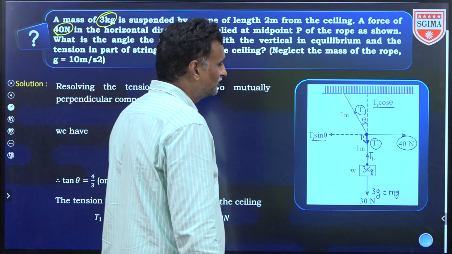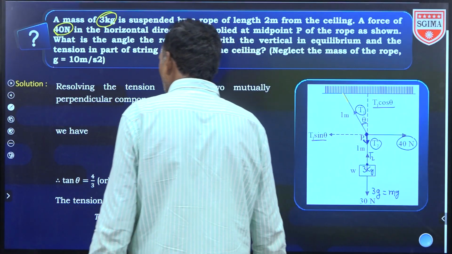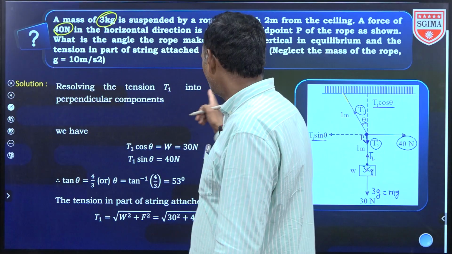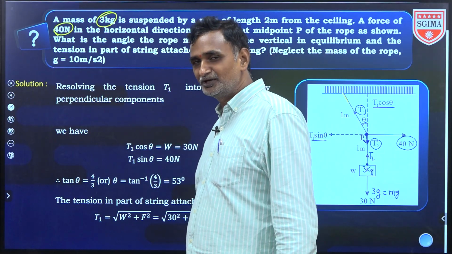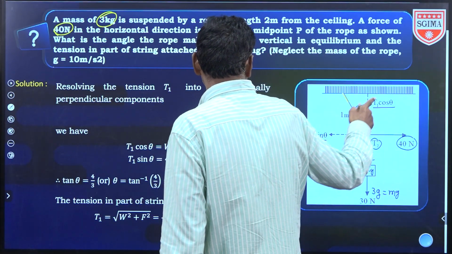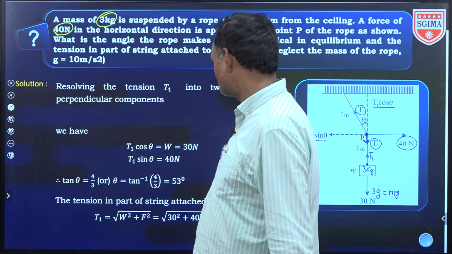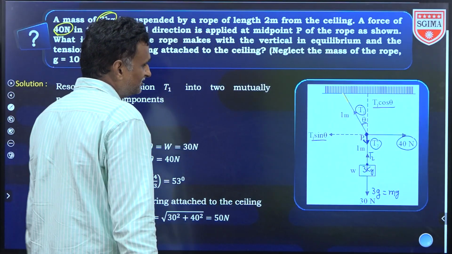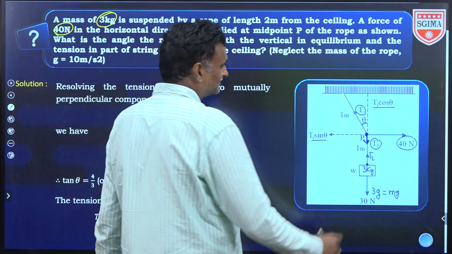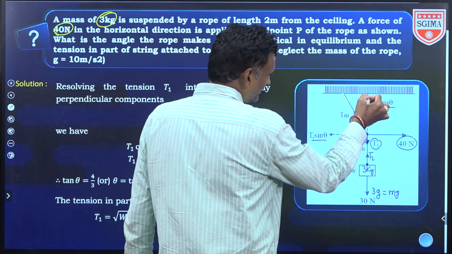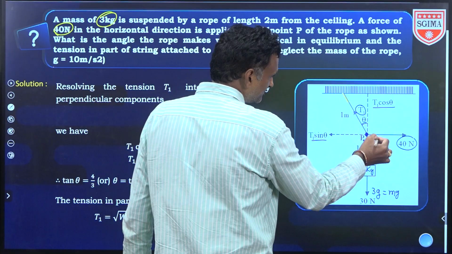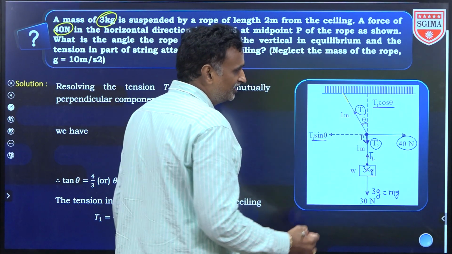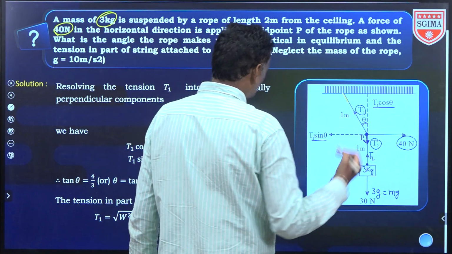Okay? So now, first of all, resolve the tension T1 into two mutually perpendicular components. So whatever we did, T1 cos theta, T1 sin theta. Let us see first. T1 cos theta is vertically upward, and the vertically downward force is what here? T2. Okay, T1 cos theta equals T2 generally.